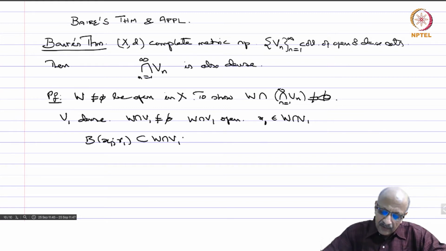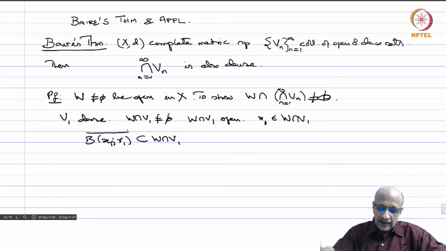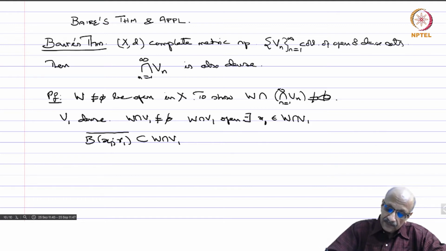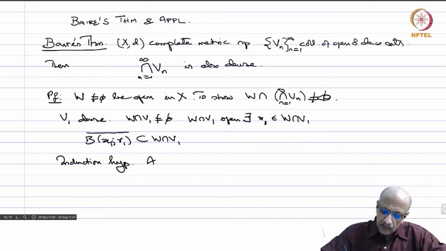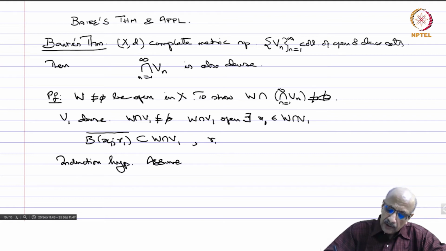In fact, we can take a smaller r if necessary, and therefore we will even assume that the closure of the ball with center x1 and radius r1 is in W intersection V1. So now we are going to make an induction hypothesis. We can also choose r1, which is of course positive, to be less than 1.